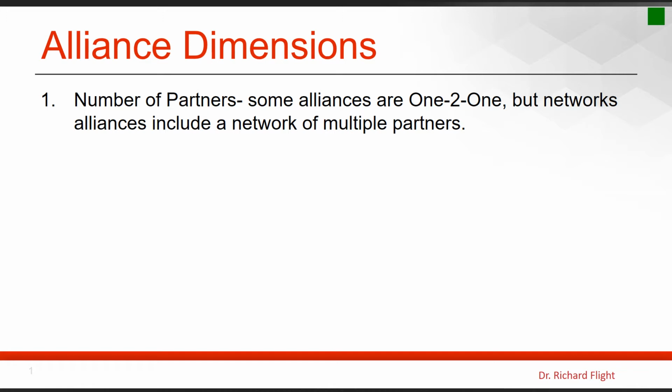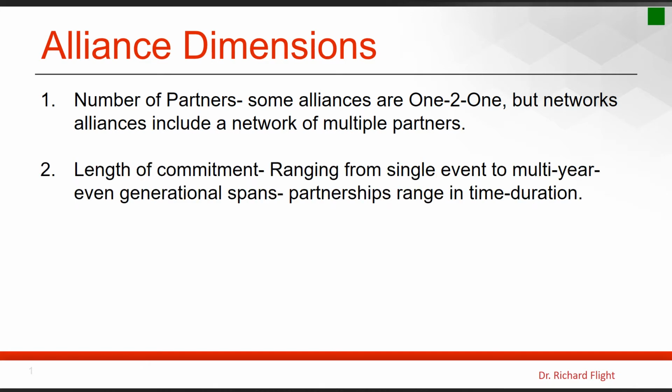That would be like a network or a group of partners that all have a shared interest with each other. So the number of partners within the alliance may expand to beyond just a one-to-one environment to one-to-many, who all are working in concert for the social cause that is the nonprofit.